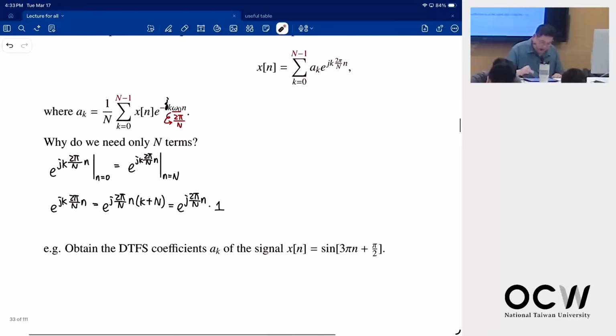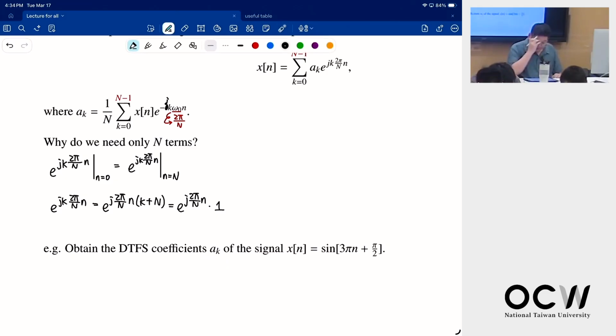So for example, if I have the discrete time signal, periodic, sine of 3 pi n plus pi over 2, then what is your coefficient a_k? For this one, if you want to use the formula to solve the question, that is the last option.